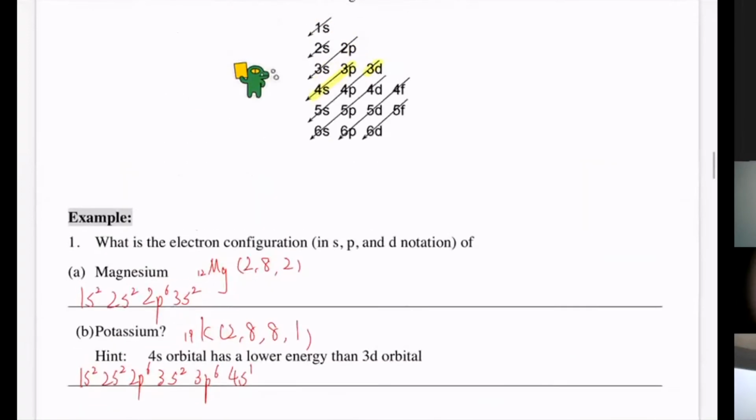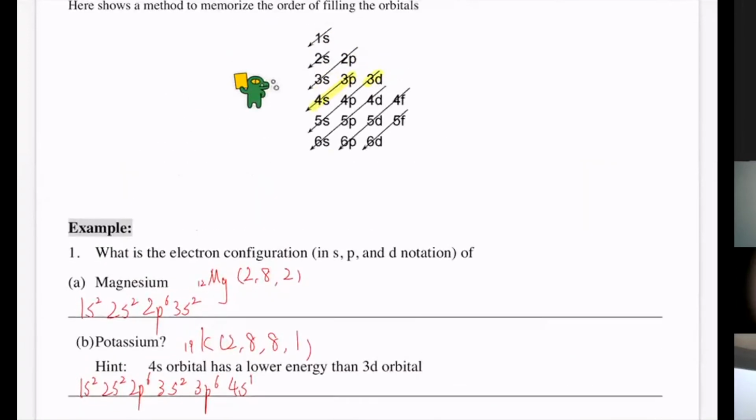Let's find it on our diagram. So 3s, 3p, 4s, and then we finish with this arrow, so we're going to start again from here. Following this, we have 3d and then 4p. We can carry on, just follow the direction, then after that we should go 5s.